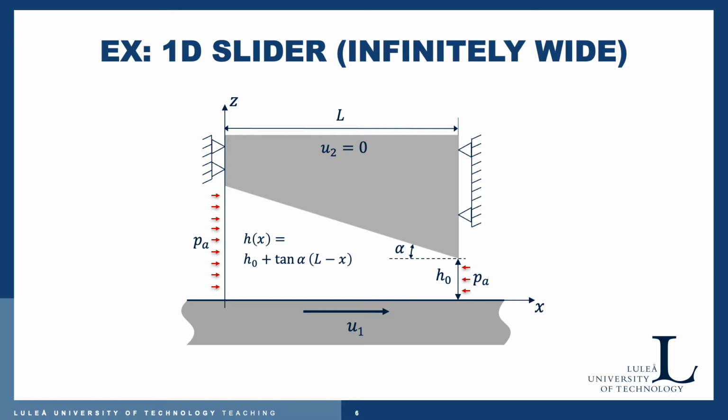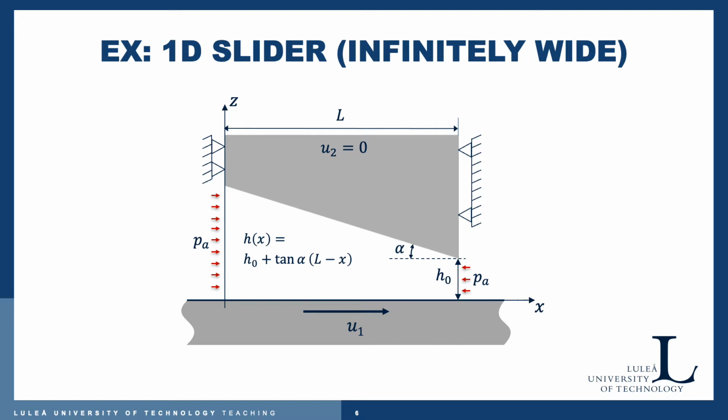The bearing length is defined by L, and we have a boundary pressure PA, where the A denotes that it's an ambient or atmospheric pressure if you like.